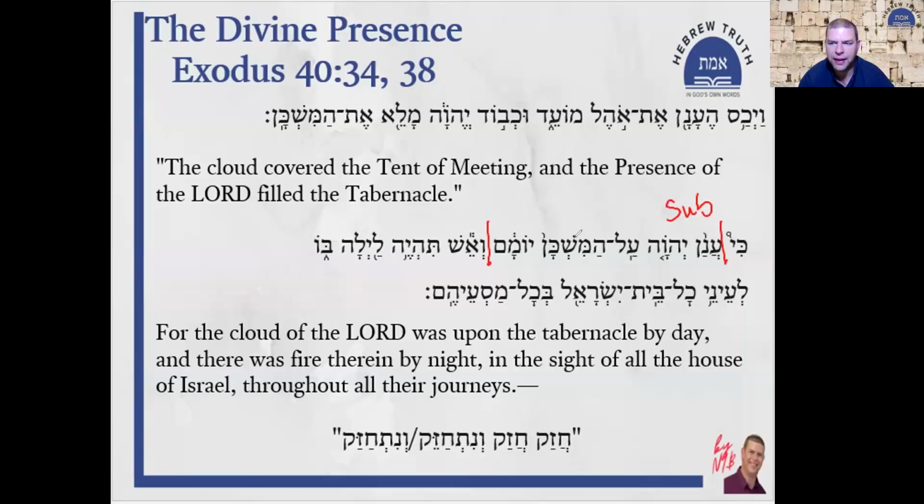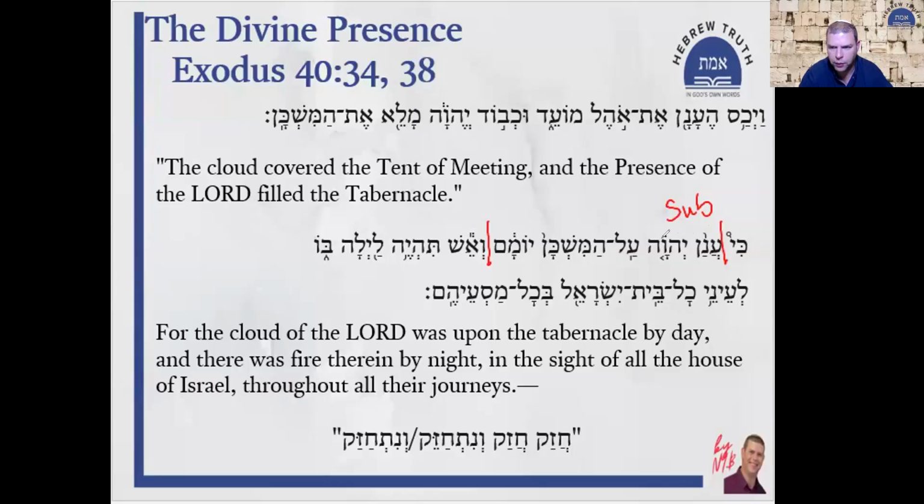And what is the predication of this sentence? The predication of the sentence is essentially an adverbial phrase that gives us the whereabouts and the time, if you will, a temporal adverbial predication of the sentence.